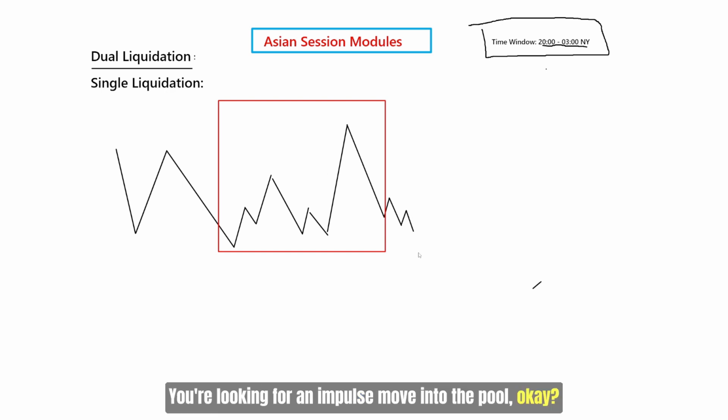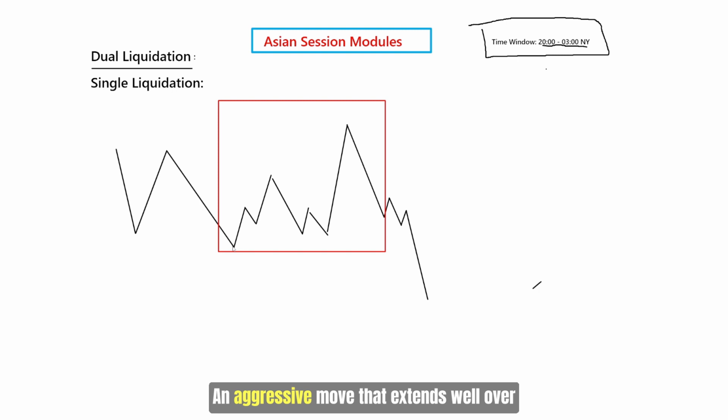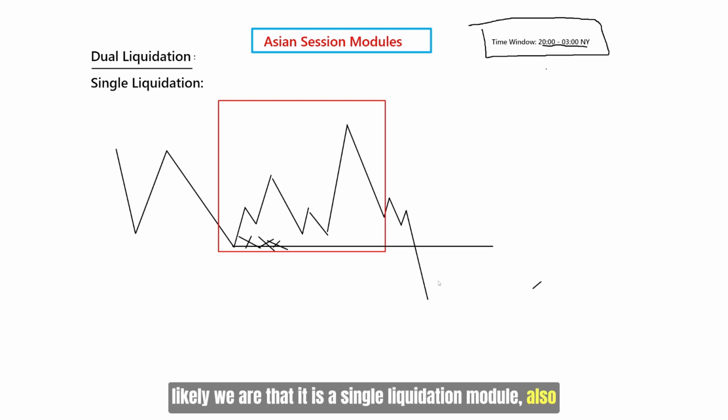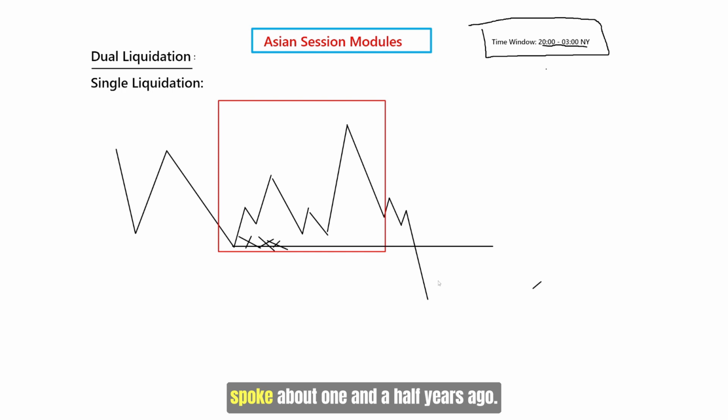You're looking for an impulse move into the pool, an aggressive move that extends well over the pool and accepts underneath it. The more candles we print underneath the Asian pool, the more likely we are that it is a single liquidation module, also known as the midline test, which is a strategy that I spoke about 1.5 years ago now.